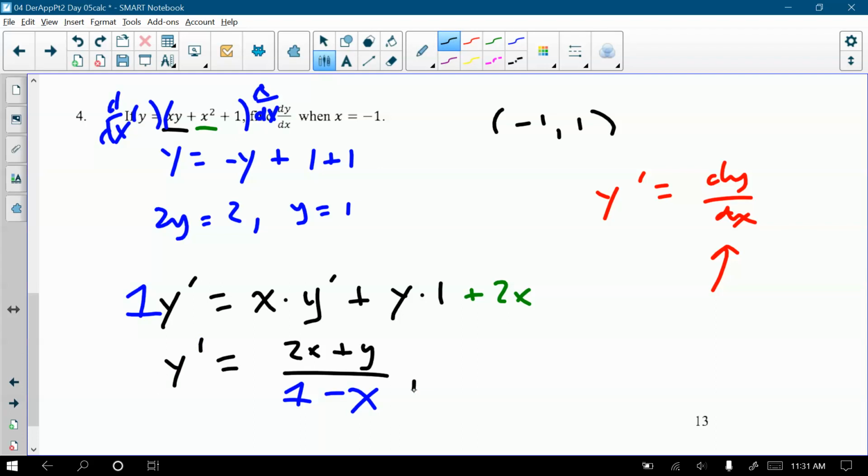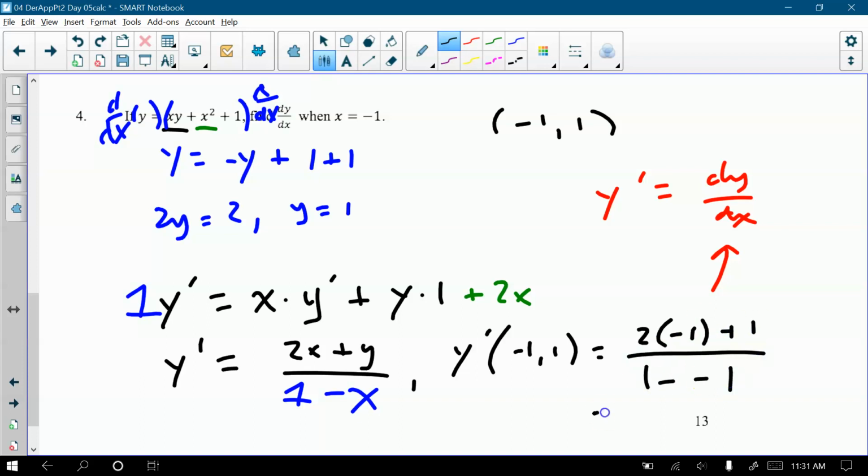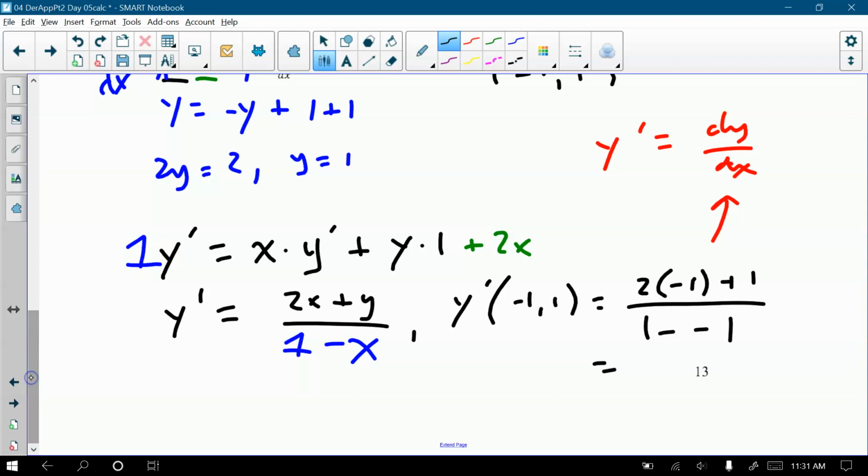Okay, so I'm going to evaluate y prime of negative 1 comma 1. When, again, x is negative 1, y is 1. So I'll get 2 times negative 1 plus 1 over 1 minus negative 1. And that answer is going to be negative 1 over 2. My slope at that point is negative 1/2 for that curve.